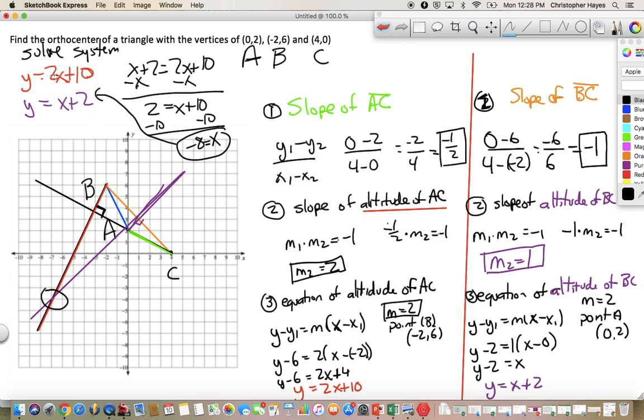I could do either one, it doesn't matter, they're going to have the same solution, but this one looks easier. So y equals negative 8 plus 2. So that's y equals negative 6. So I'm going to have the point x equals negative 8, y equals negative 6. So this point is going to be negative 8, comma negative 6.